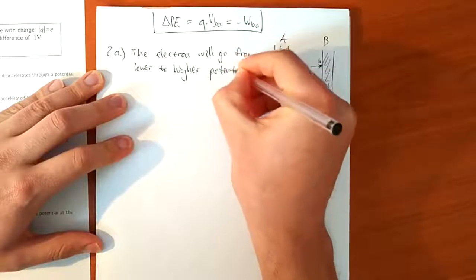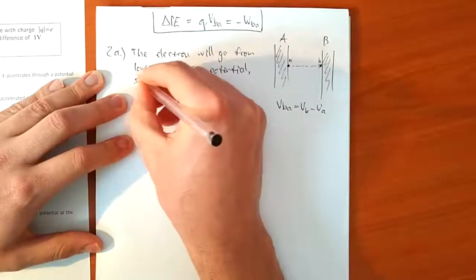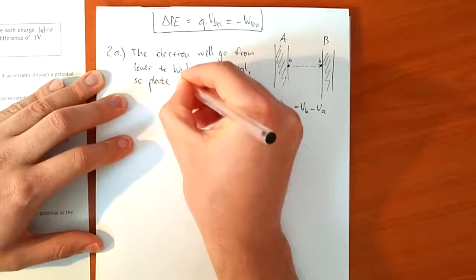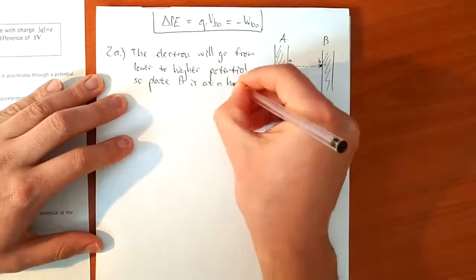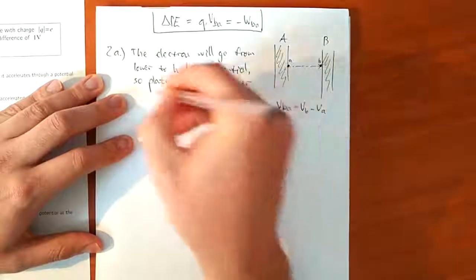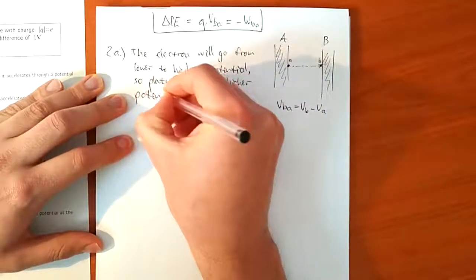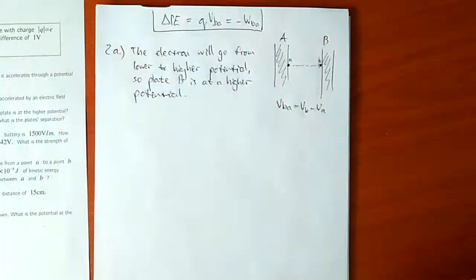So we can immediately say from that, plate B is at a higher potential.